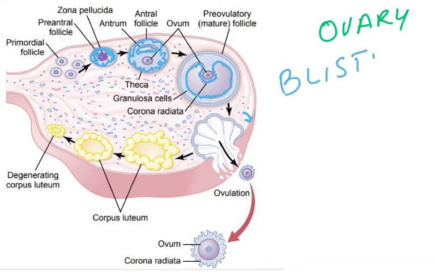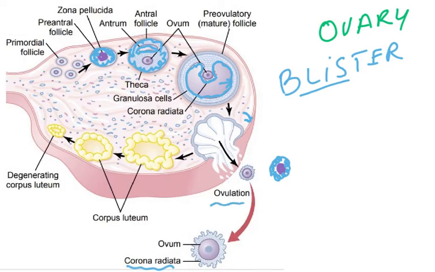Like when you burn yourself, a blister forms on your hand. You drop some hot water on your hand, so a blister forms. And this is actually the water exerting force. And then it bursts. And when it bursts, this ovum is released with some of the follicle cells, which are given the name corona radiata, which you can see here.